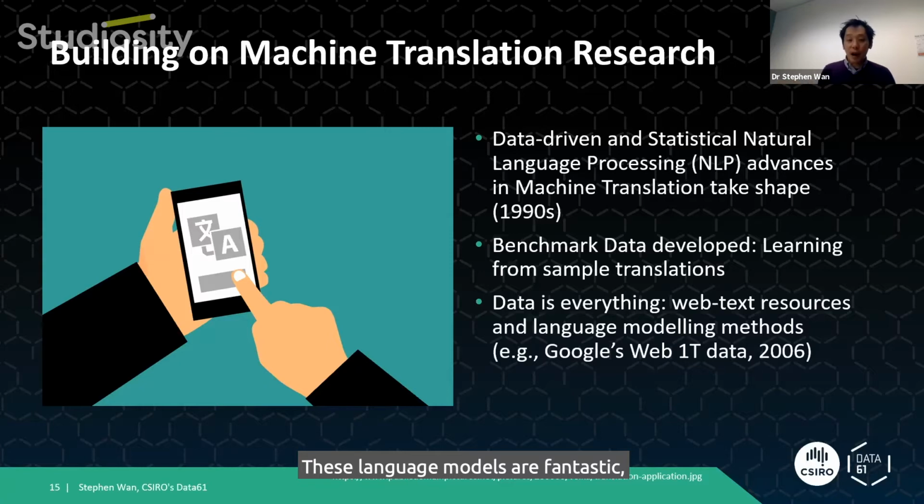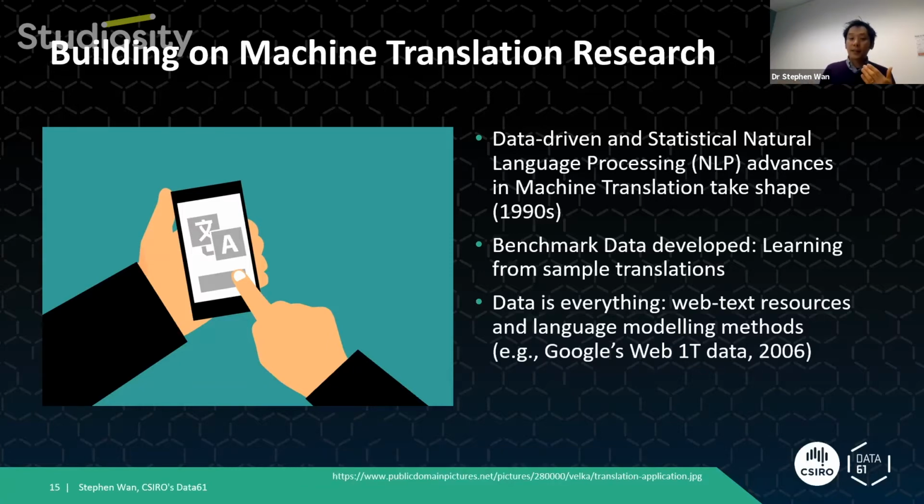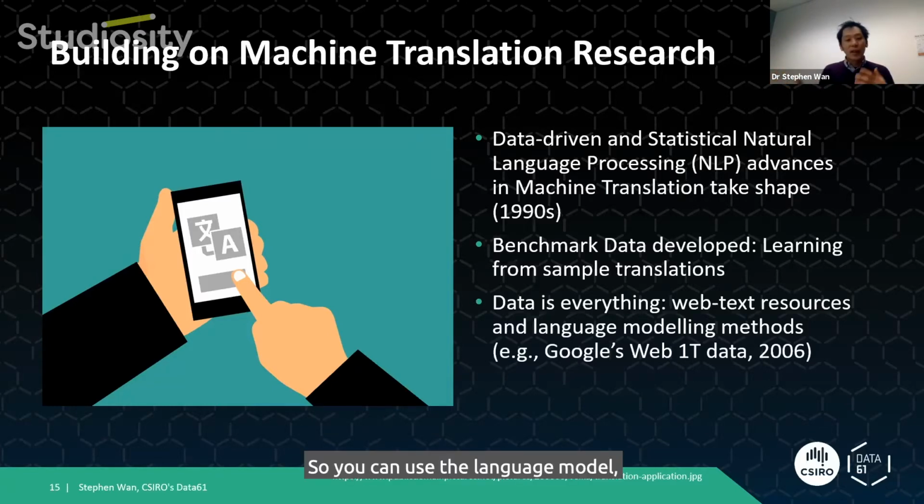These language models are fantastic. They can help us to estimate the probability of a sequence of words, and tell us which sequences of words are likely and which ones aren't. So you can use the language model, for example, to generate a probability for the translation candidates in a translation system so that you weed out the bad translation options.